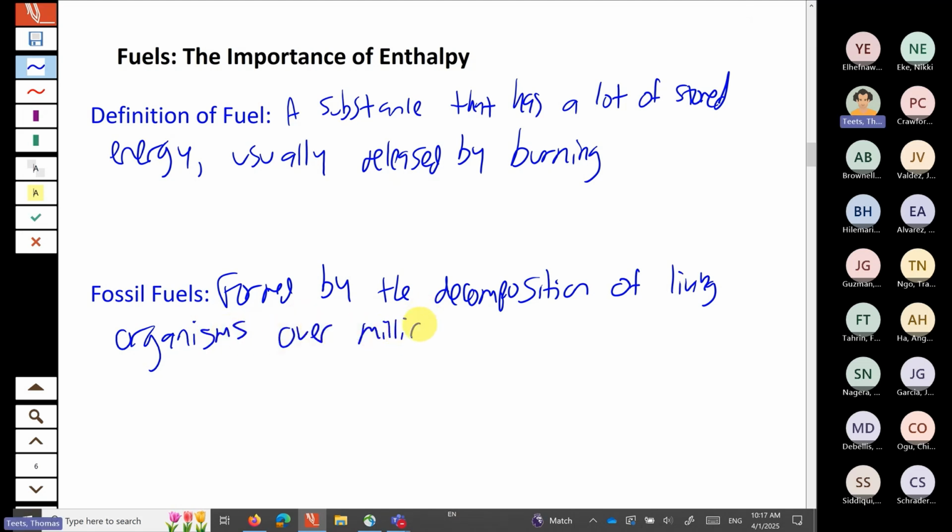So they form over millions of years, and they only form under certain extreme conditions. If you just leave out a pile of leaves for a million years, it's not going to turn into oil, but it has to be under certain temperature and pressure conditions as well. Typically deep in the ground, as we know where oil comes from. And so, as I said, most fuels that we use today are fossil fuels. And that's been true throughout the whole Industrial Revolution, still true today.